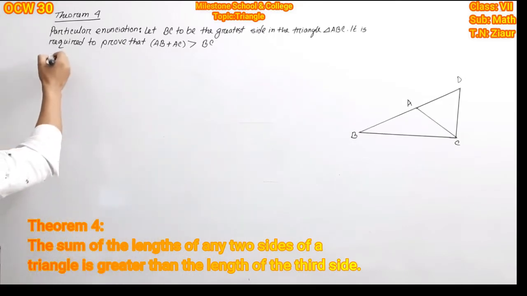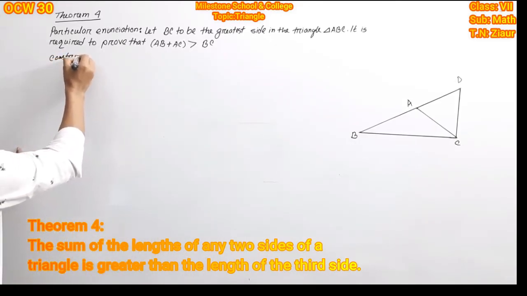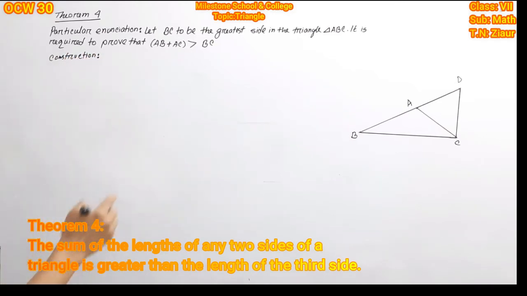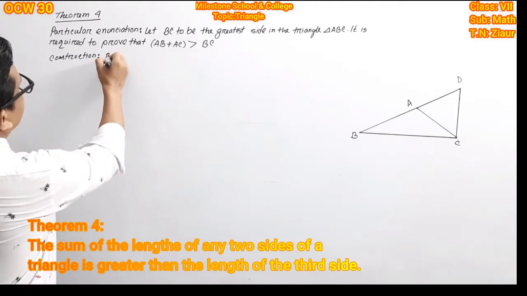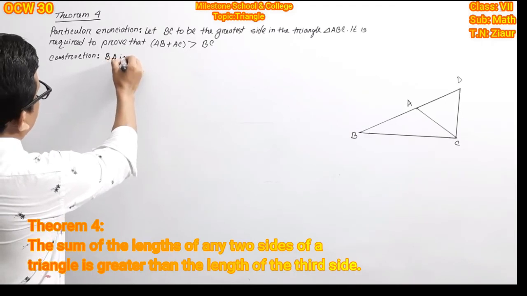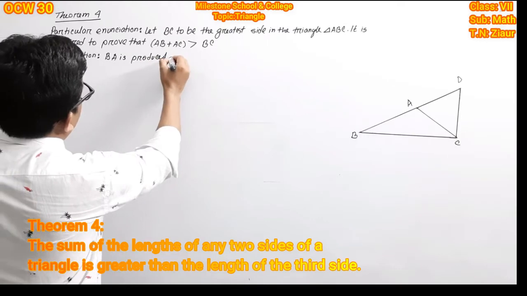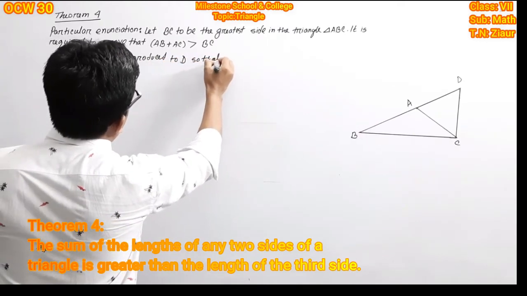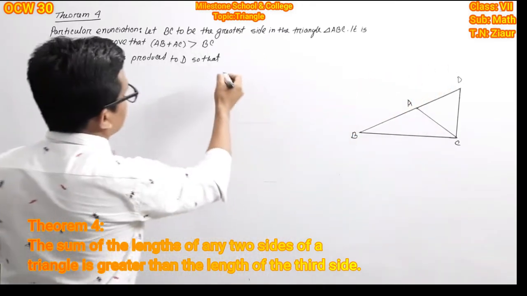So just write here construction. Students, I have drawn here BA produced to D so that AC is equal to AD.